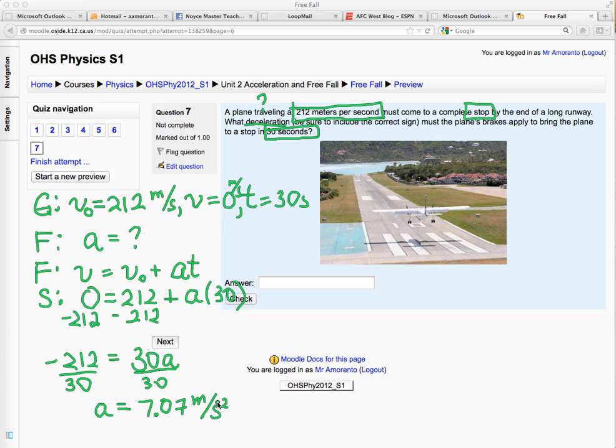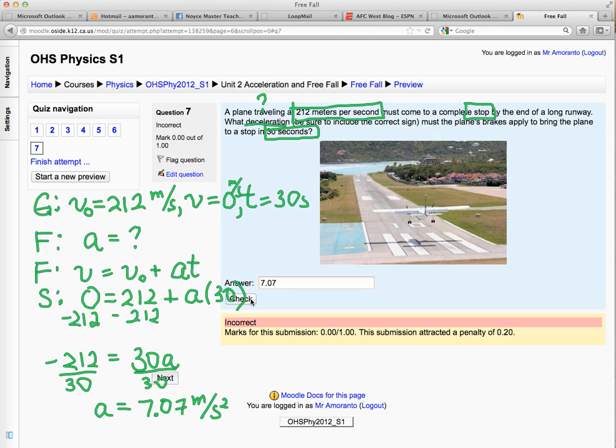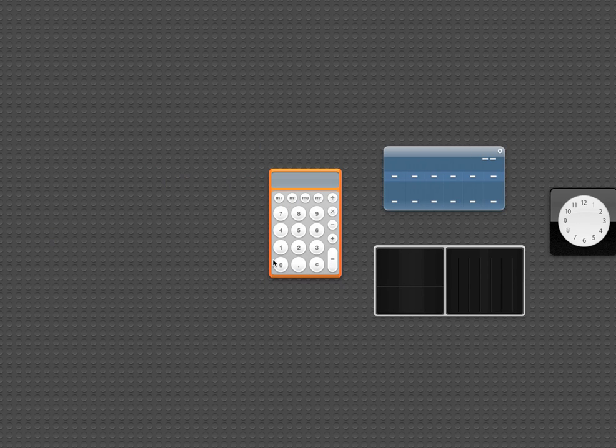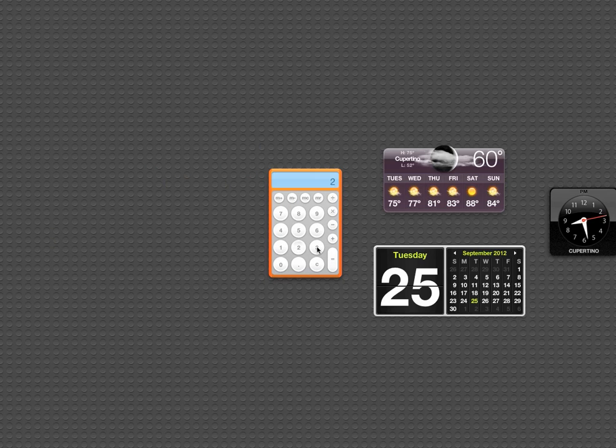So if I check that answer, plugging it in to see if that's right, 7.07, let's check it. And it is not correct. So let me go to my calculator. I've got 212 divided by 30, 7.07. That's what I got.